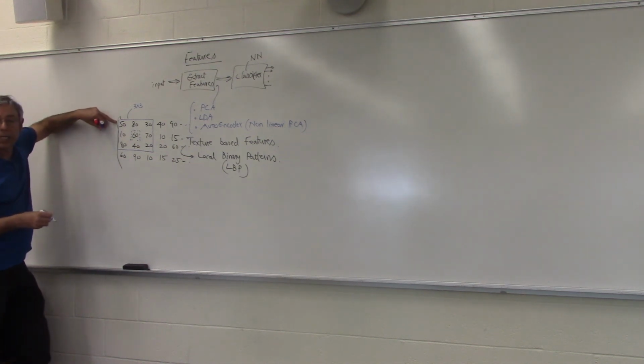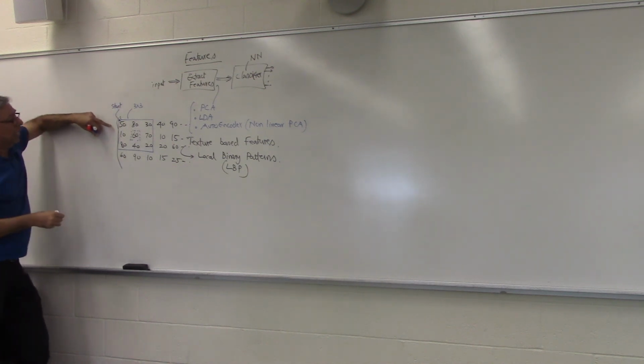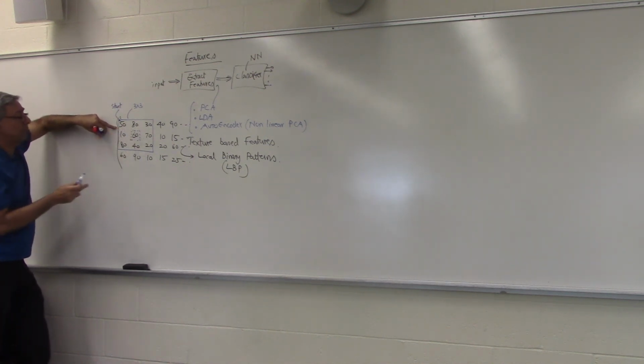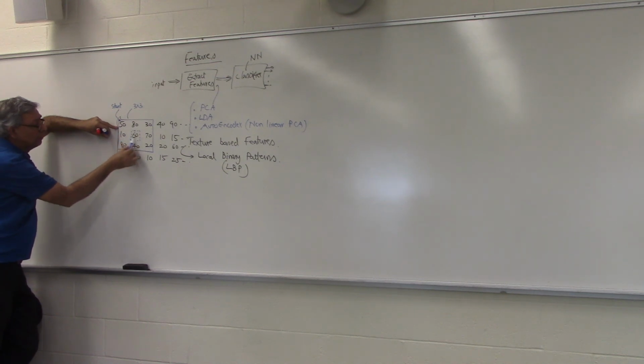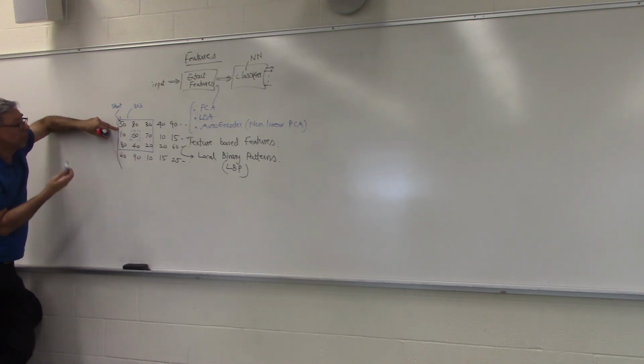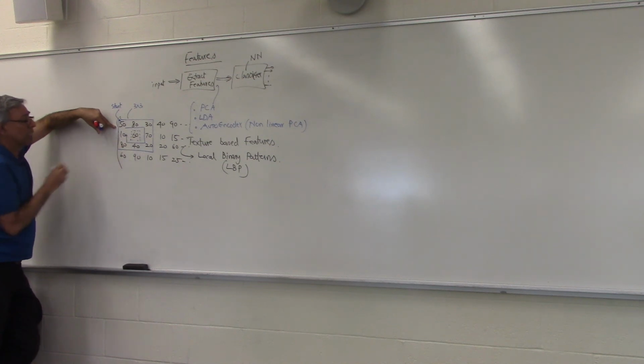We start from one end, for example over here, and we compare each pixel to the center pixel. If the value is smaller, we put a 0. If the value is bigger than the center pixel, we put a 1. The center pixel has 8 neighbors, so we produce an 8-bit binary number, starting from here, comparing, and finishing over here.